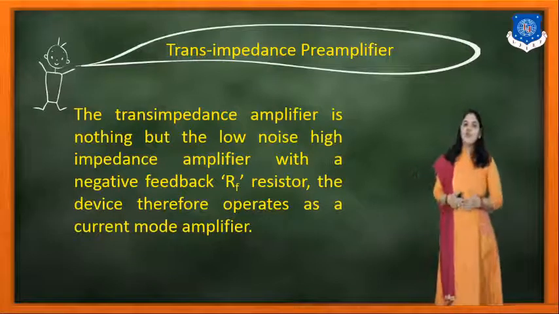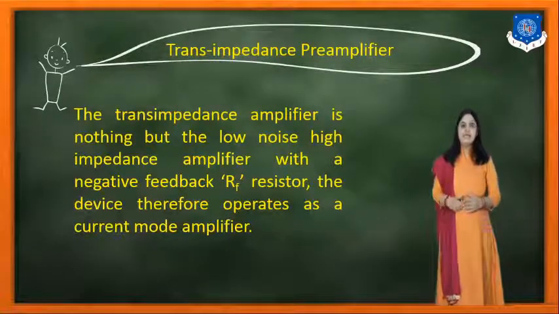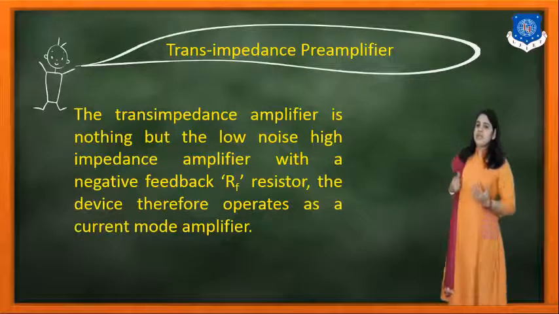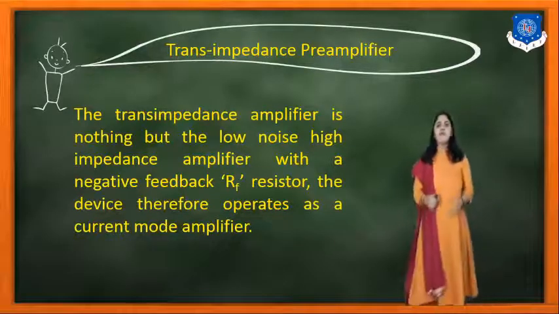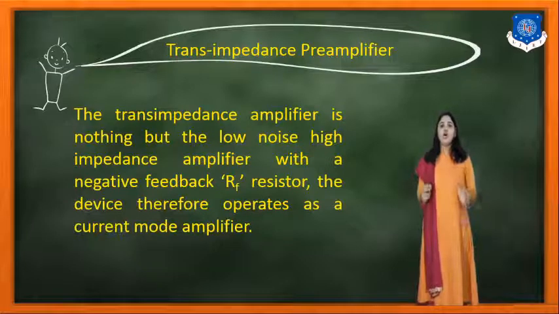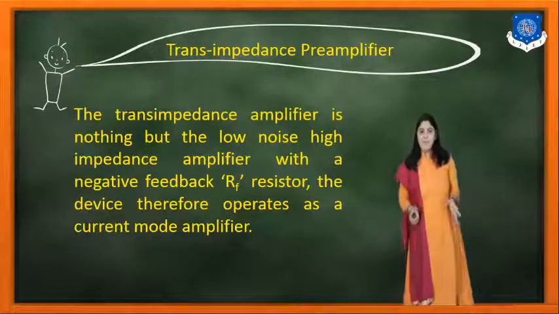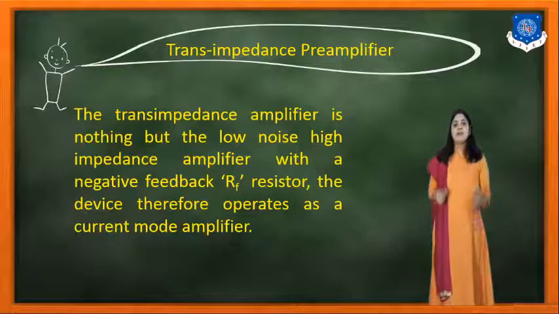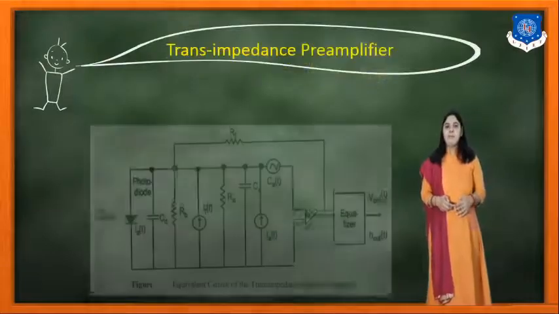Now the last category of the preamplifiers, that is the transimpedance preamplifier. The transimpedance preamplifier is nothing but a low noise high impedance amplifier with a negative feedback resistor RF, and the device operates as a current mode amplifier.